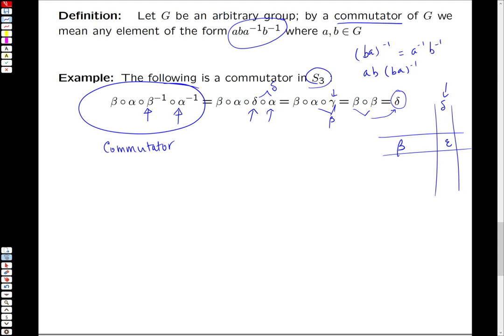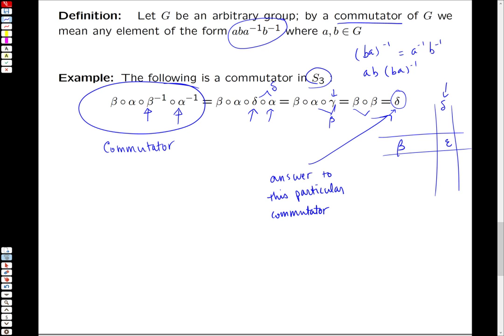The answer to the commutator is this right here. Okay, do you guys see the difference there? The commutator is of that particular form, and then you have to evaluate it to get to the answer of that commutator.